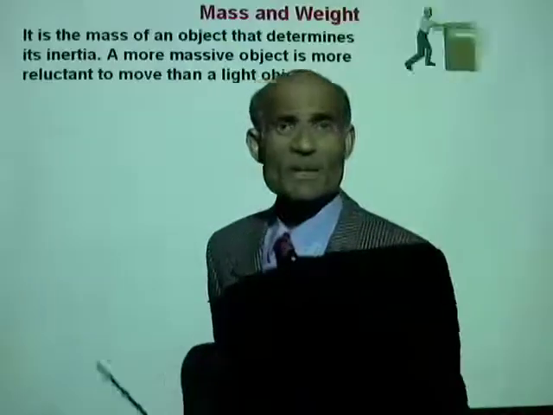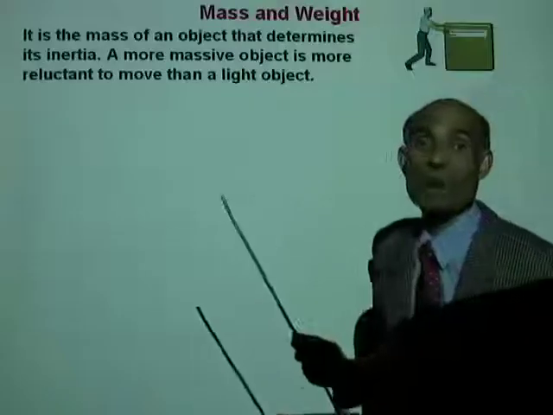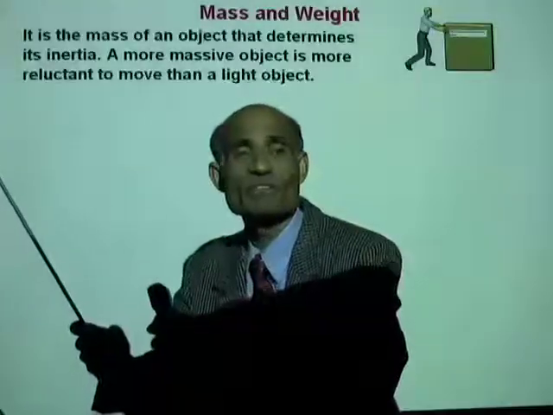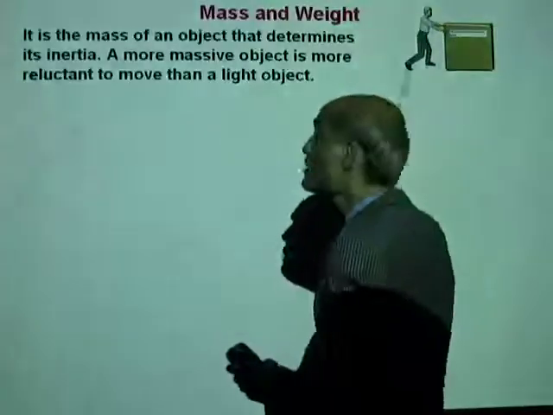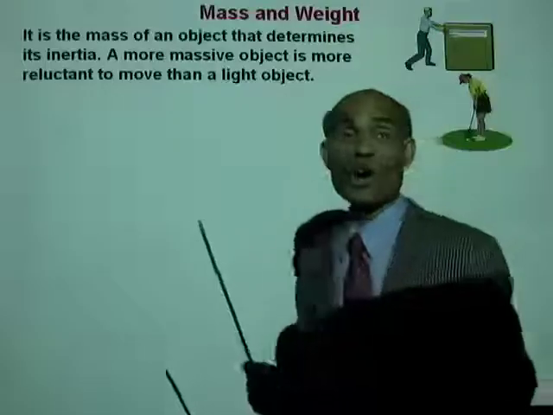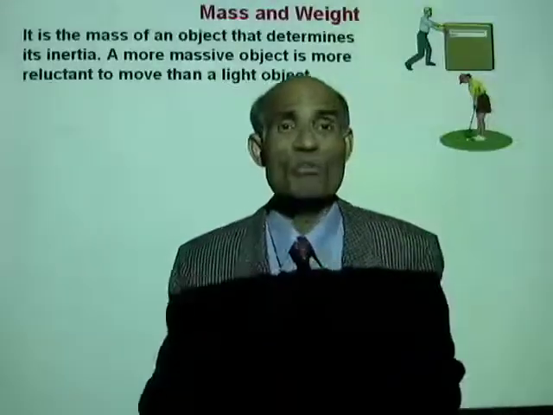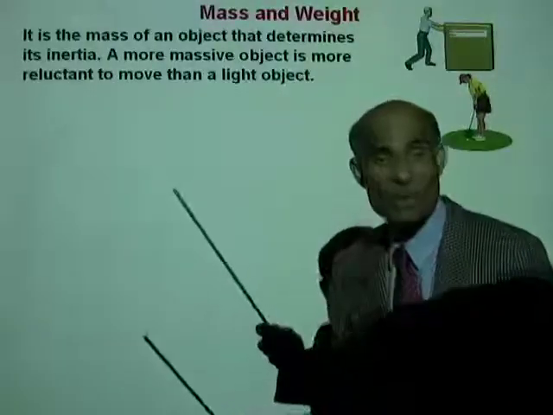Is that right? Now, you have a great big box. It takes a great amount of effort to move it. You see that? It has a great inertia. Whereas a golf ball, well, even a child can move a golf ball. The inertia of the golf ball is very small.